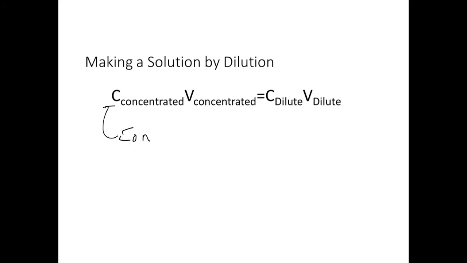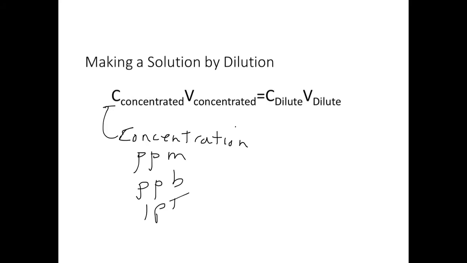C stands for concentration. And I should note that I use the word concentration instead of percent on purpose, because we could have used parts per million, parts per billion, or even units that we have yet to learn, like molarity, if we had wished.